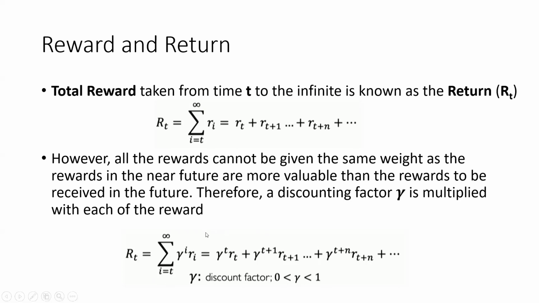This discounting factor not only accounts for the risk but also for the opportunity cost, right? When you get a reward in the recent future, you can invest this recent future reward in something else, right?